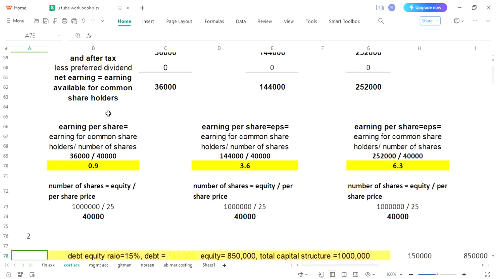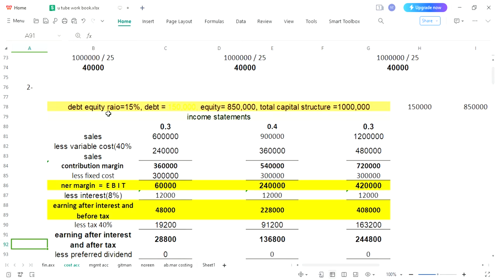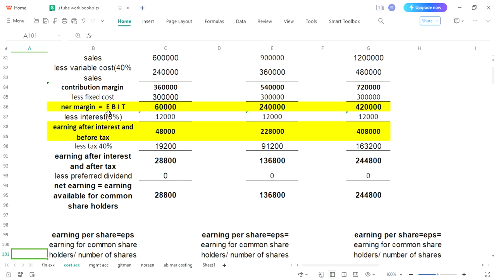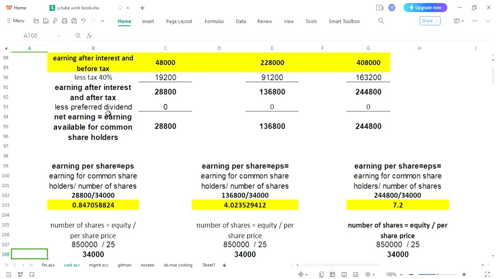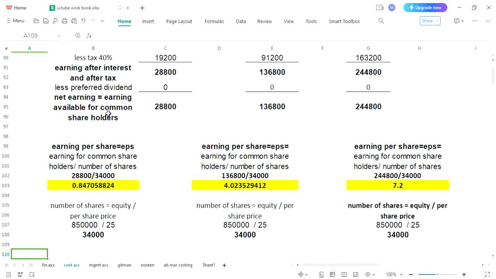Then you calculated EPS. In a similar way you calculated the second part, where income statements for three different probabilities were calculated, and then the EPS of the three different income statements were calculated.